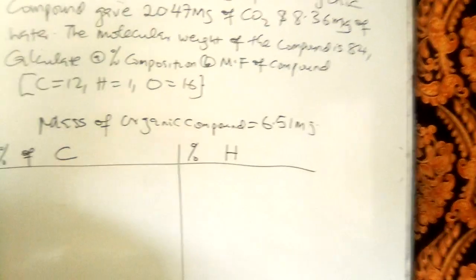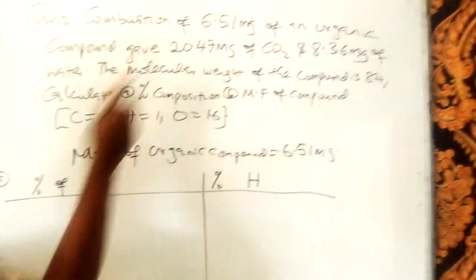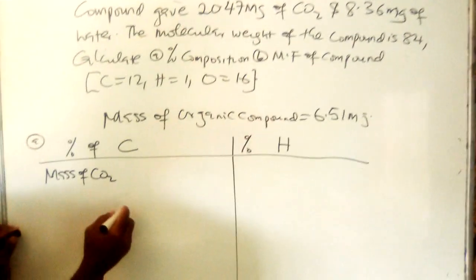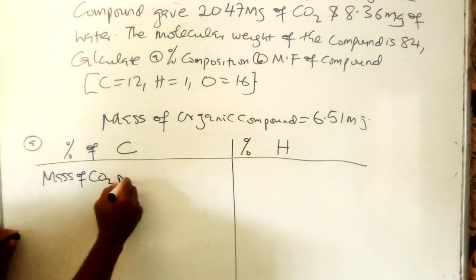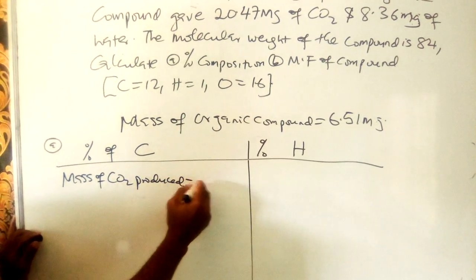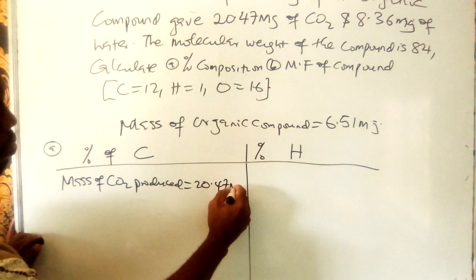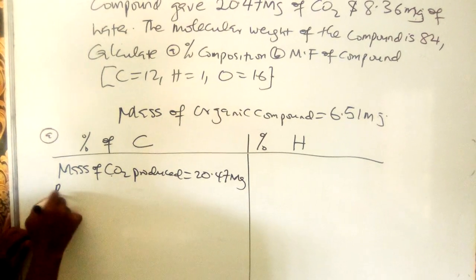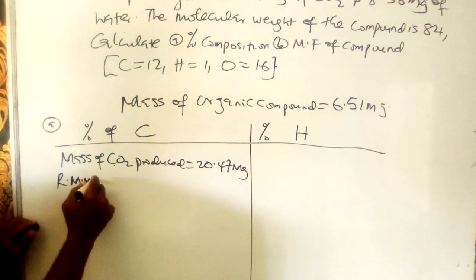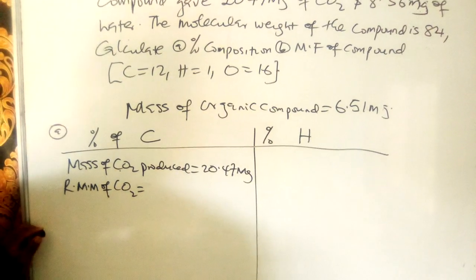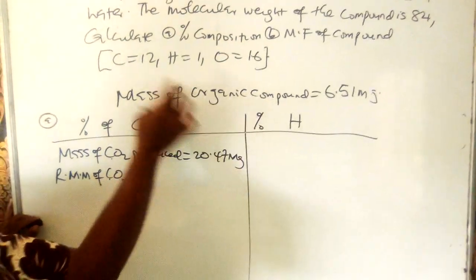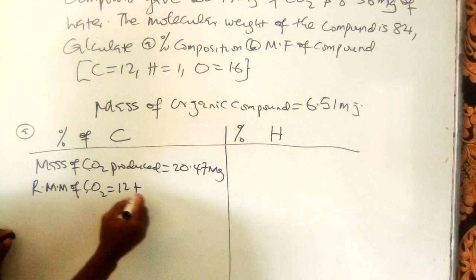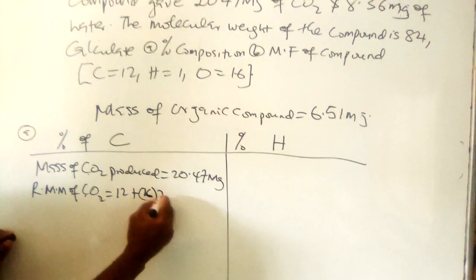Having done that, the mass of carbon dioxide, CO2, produced from the combustion is 20.47 milligram. Then we'll find the relative molecular mass of CO2. You know how to get it? Carbon is 12, oxygen is 16, multiplied by 2 atoms.